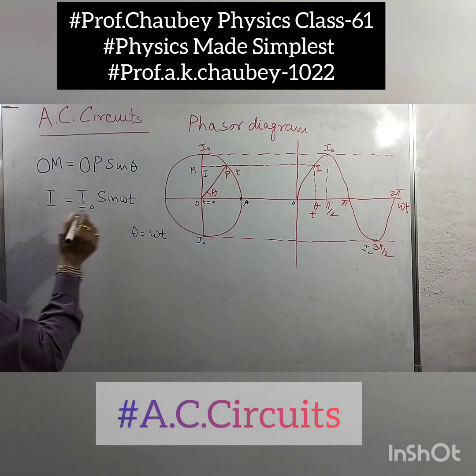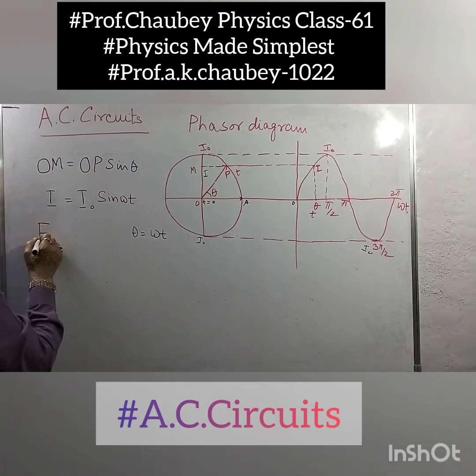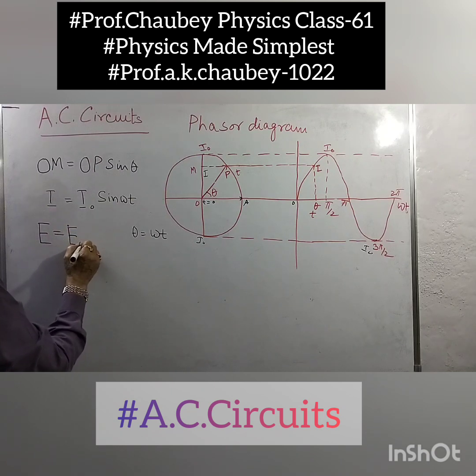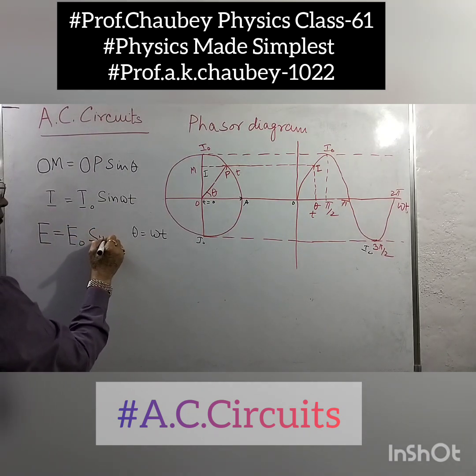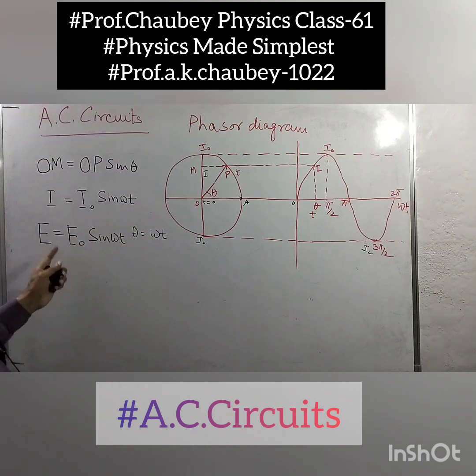The potential applied to any circuit is, say, E is equal to E naught sin omega t. So potential is represented here.